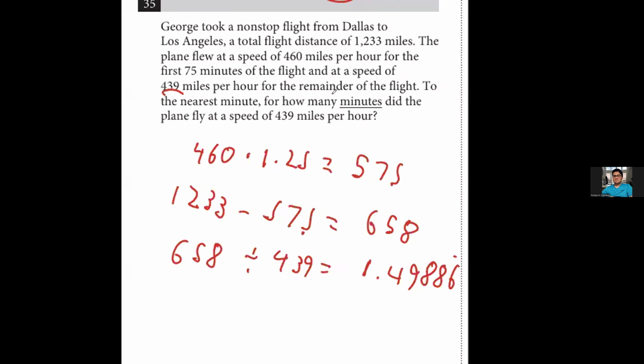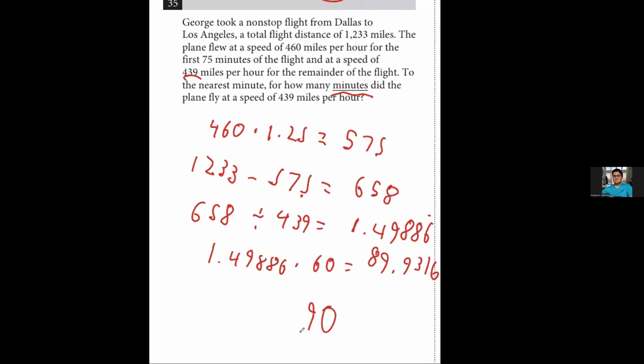We just need to convert into minutes, so we multiply by 60, which is equal to 89.9316, which rounds to 90. So the correct answer is 90 because it says to the nearest minute.